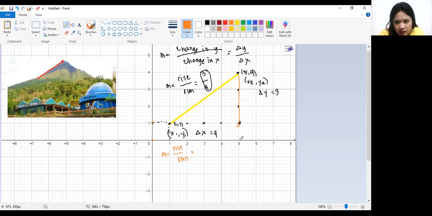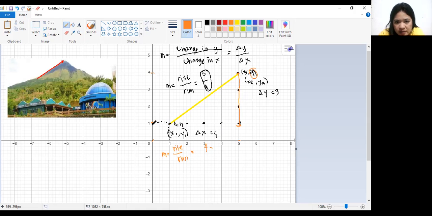So, meron kang 1 dito. So, para makuha mo itong point na to, since that's your height, yan yung height ng slope mo. So, you simply say y sub 2, which is 4, itong point na to, 4. So, okay, ayan siya, 4. Hanggang dito. Yan yung y sub 2.